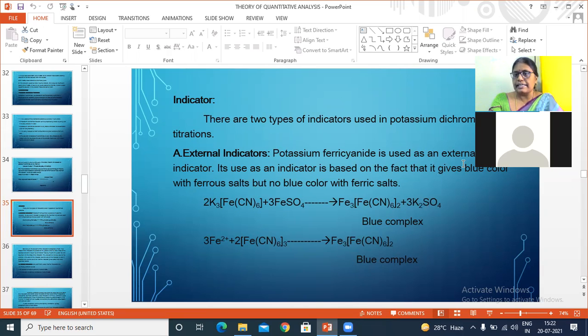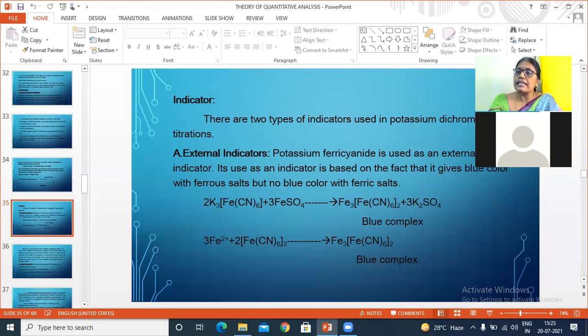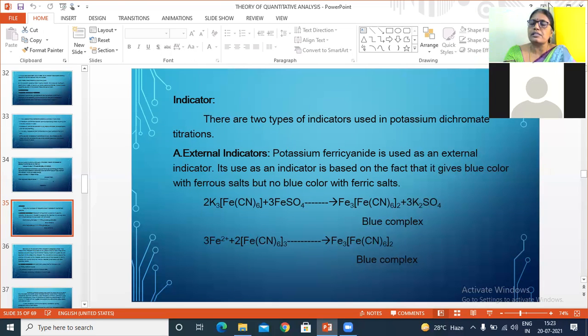What is the external indicator? Potassium ferricyanide is used as an external indicator. Its use as an indicator is based on the fact that it gives a blue color with ferrous salts, but no blue color with ferric salts. So generally, potassium ferricyanide is used as the external indicator for dichrometric titrations.